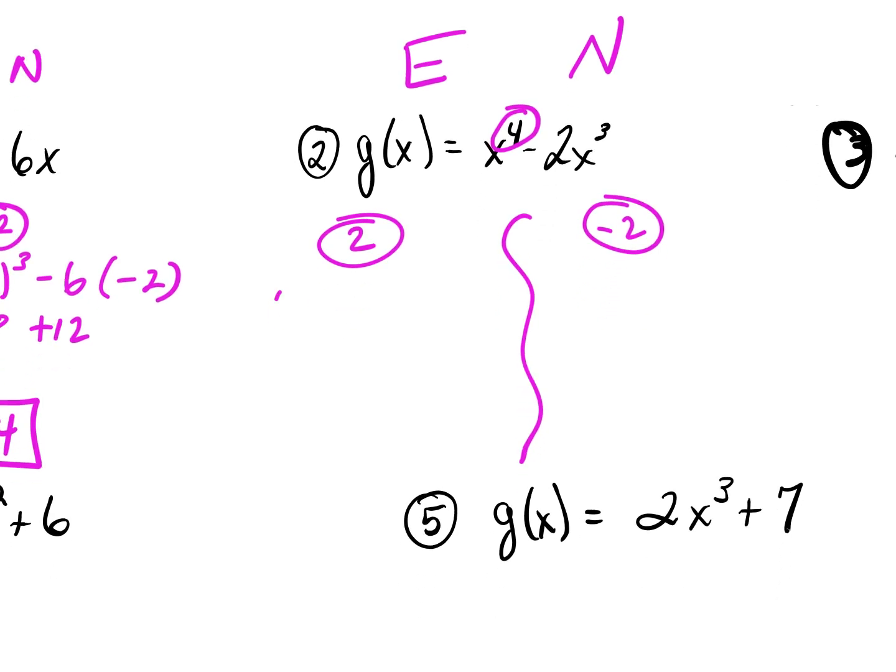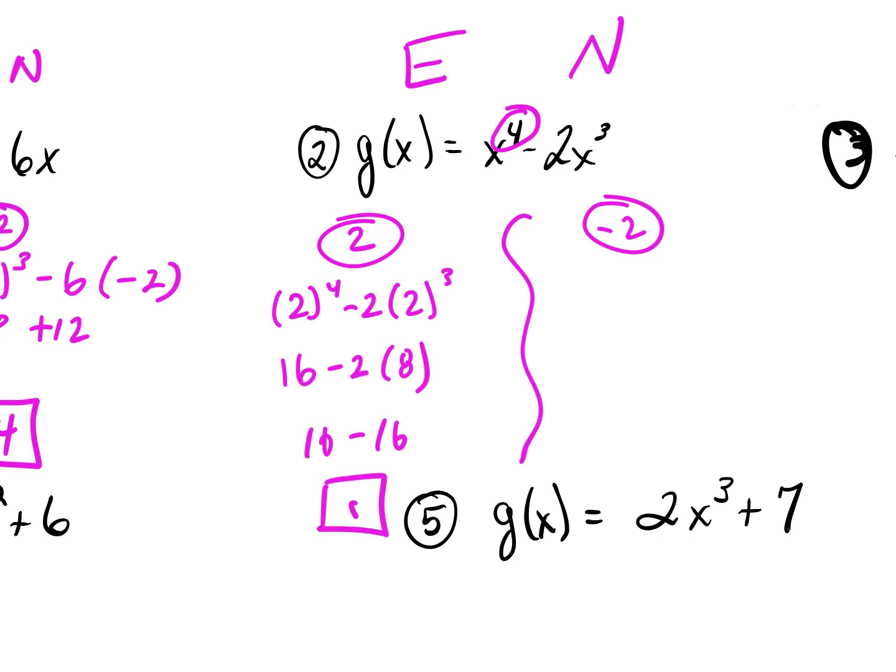All right, so I have 2 to the 4th power minus 2 times 2 to the 3rd power. What's 2 to the 4th? 16 minus 2 times 8. 16 minus 16, and I get what? 0.